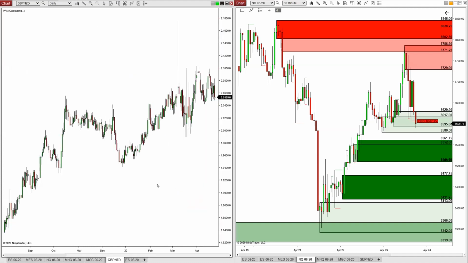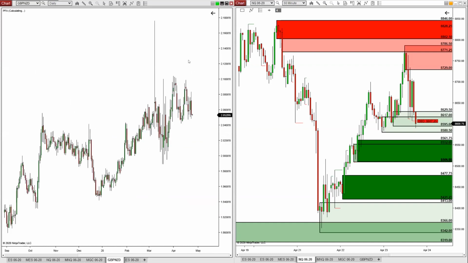Let's see here. All right, so we're going to have to convert all of this, so give this a second to load. I'm trying to think if we have looked at the British New Zealand anytime recently. Hang there for one second, guys.